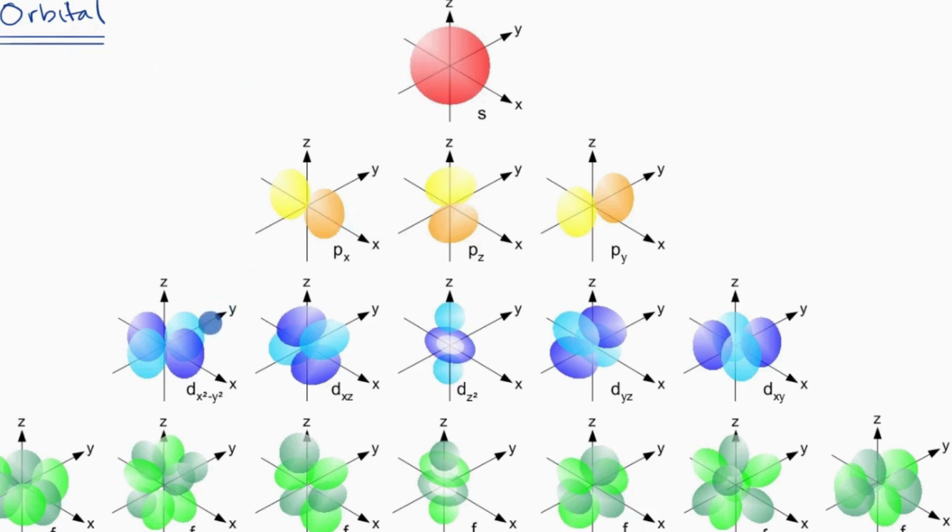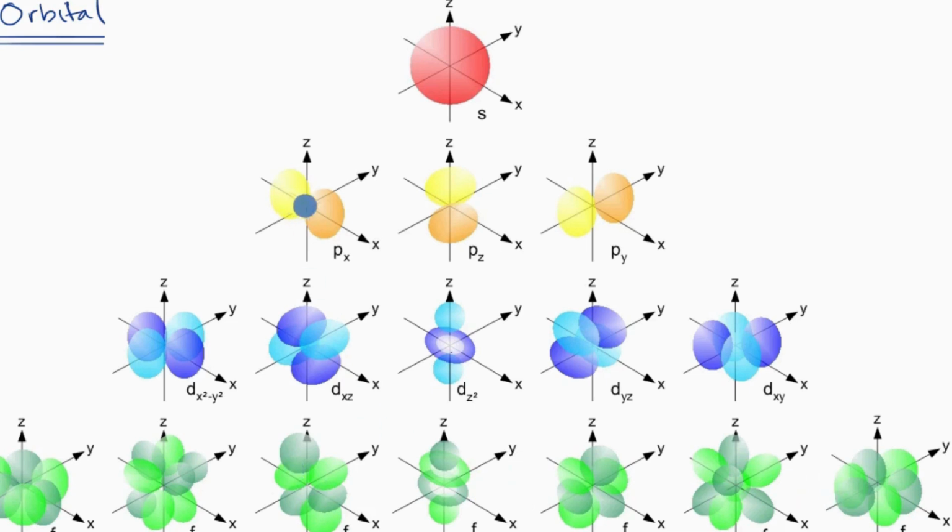And this diagram shows us the types of orbitals which can be found in the various subshells which are found in the various shells. So you have the S subshell, the P subshell that has 3 different orbitals in it. You have the D subshell that has 1, 2, 3, 4, 5 different orbitals in it. And then you have the F subshells.